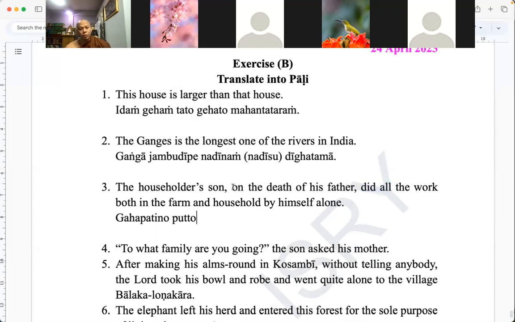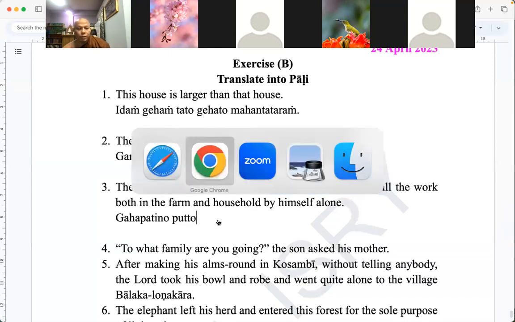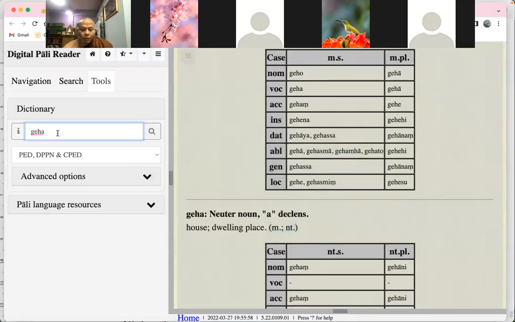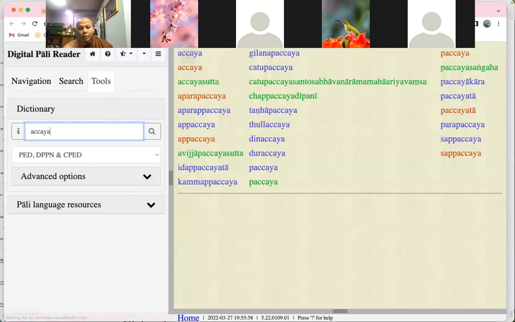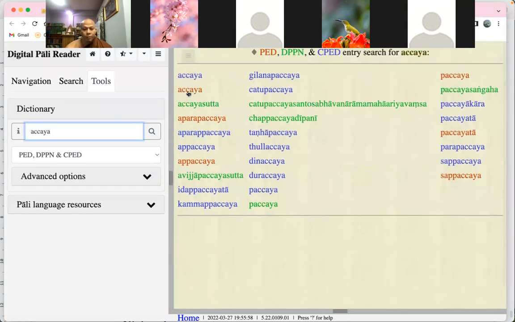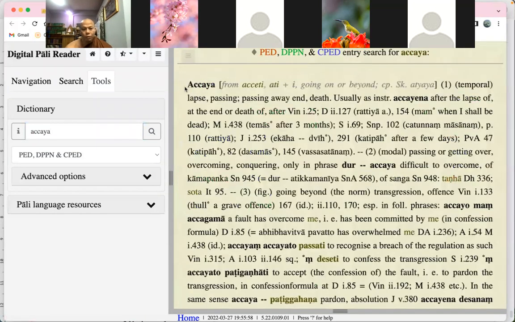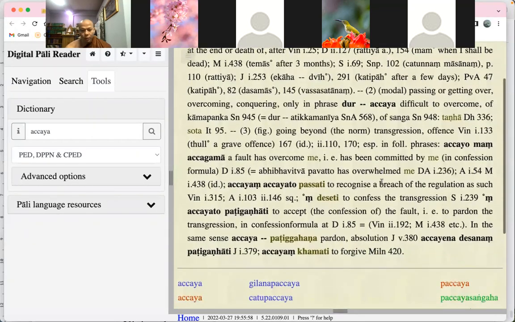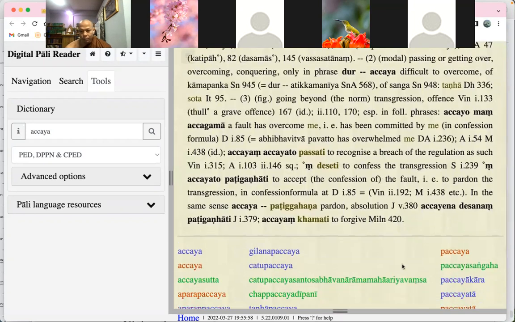And then, "on the death of his father." This is a phrase. In Pali, we use the word accayena, as in the dictionary. The word accaya with the instrumental case, accayena. This accaya means going beyond, in that sense. But commonly, with the instrumental case, we use it as a preposition.